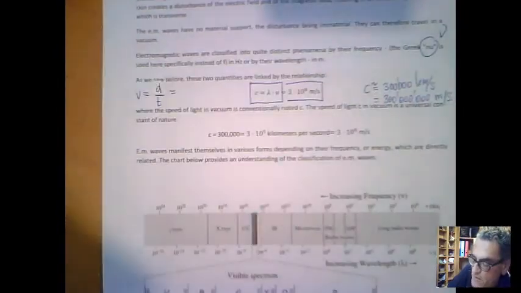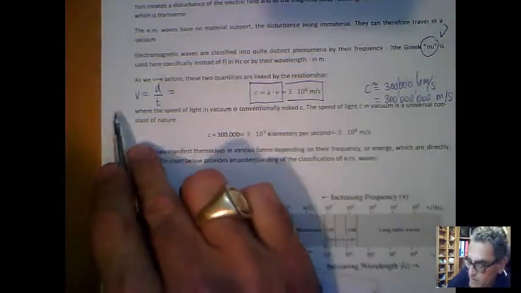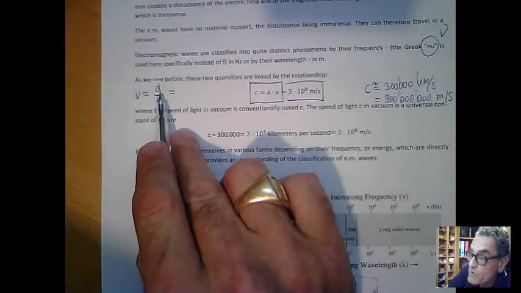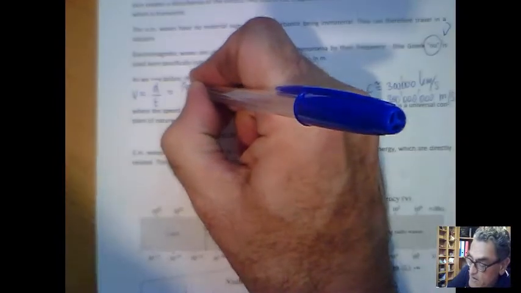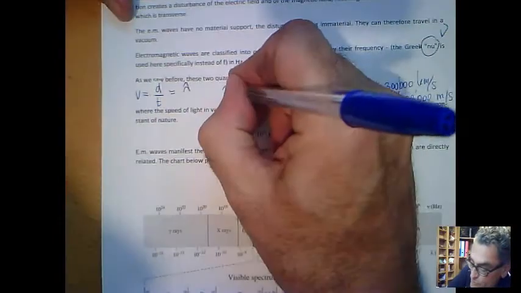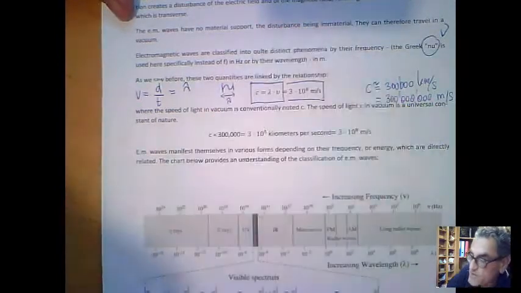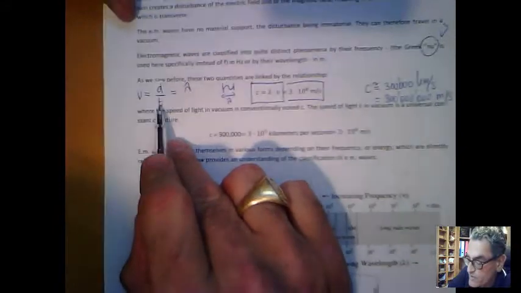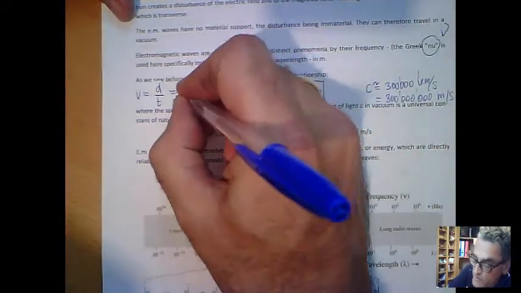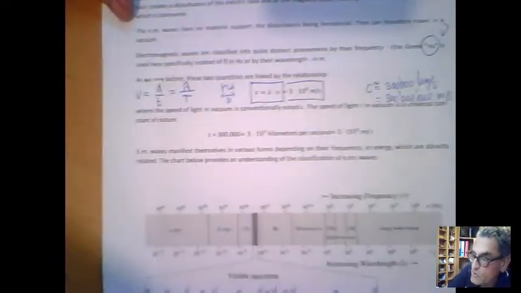Now, if we try to apply this equation to a wave, what is the typical distance for a wave? It's the wavelength. It's the length that it takes for the wave to have one complete oscillation. And now by which time should we divide it? Well, the time it takes for the wave to do one complete oscillation is called the period.